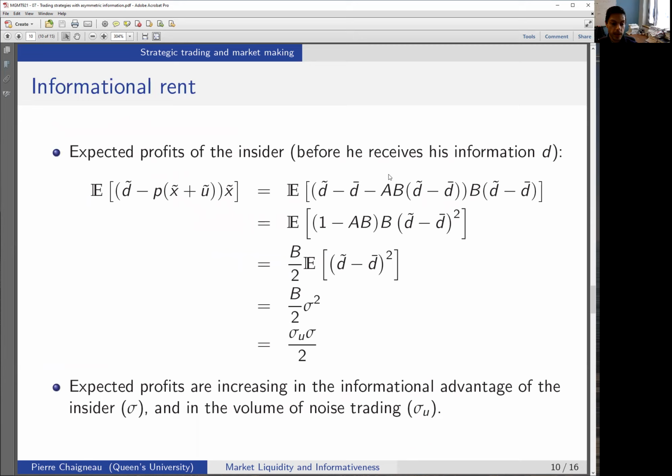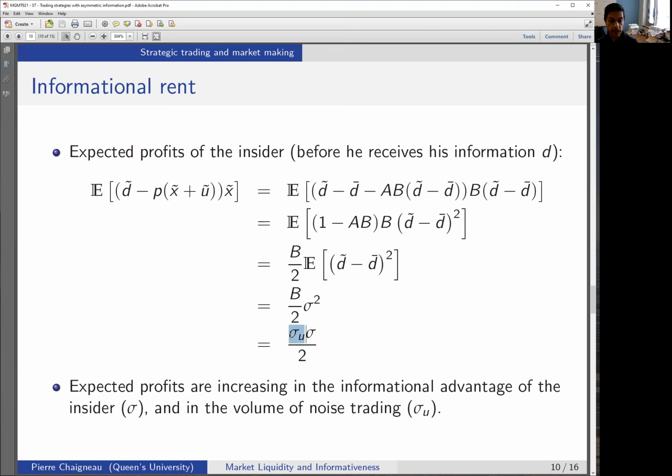And so again, in this case, if sigma u were equal to 0, the demand of the insider would fully reveal its information. And so the profits of the insider will be equal to 0. Okay, so you need these two things, an informational advantage and some demands from noise traders, so that markets are liquid and they are a bit deep, right?